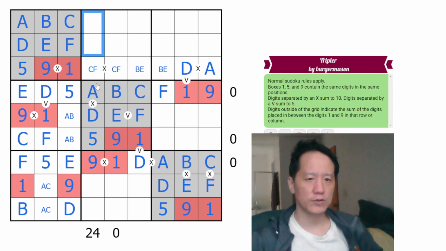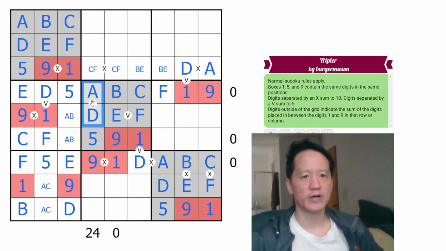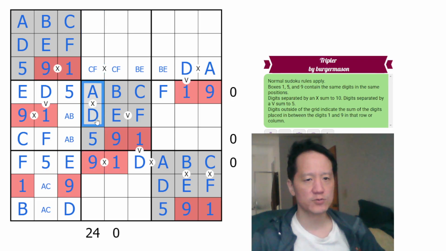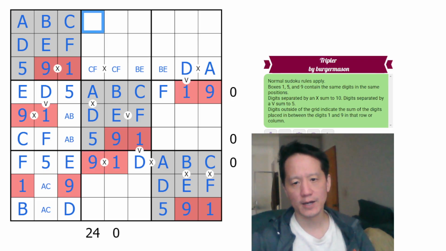We know these add up to 10 because they say they are by the X in between them. And we have a 5 here. Well, where can the 1 be? If this were a 1, this would have to be 9, but we already have a 9 in that column, right? Because this would be 10, that's 15. Then 24 would have to add up to make that would have to be 9. But that's not possible because of that 9. Therefore, the 1 has to be in this cell.